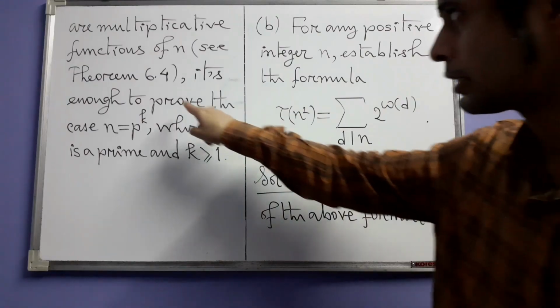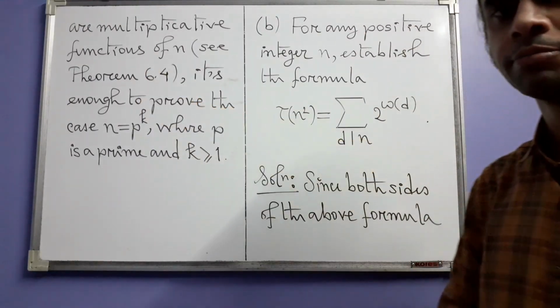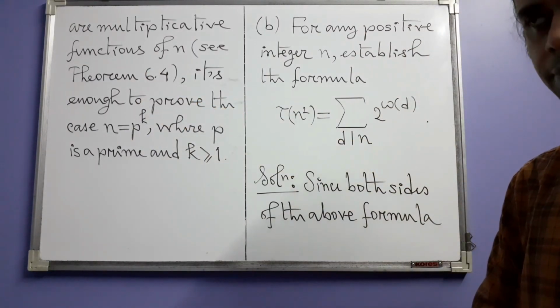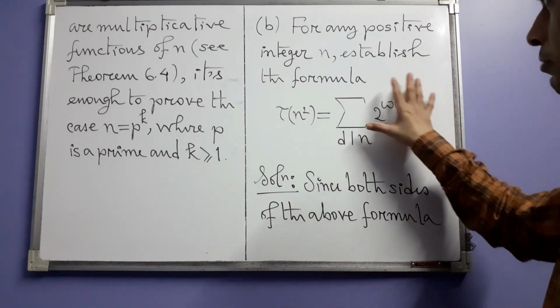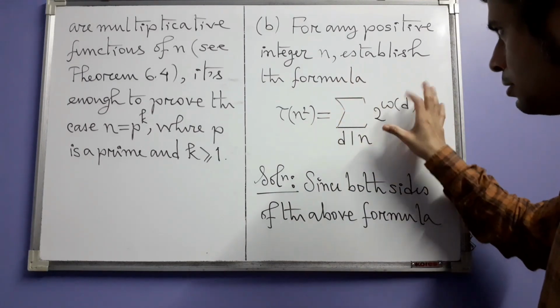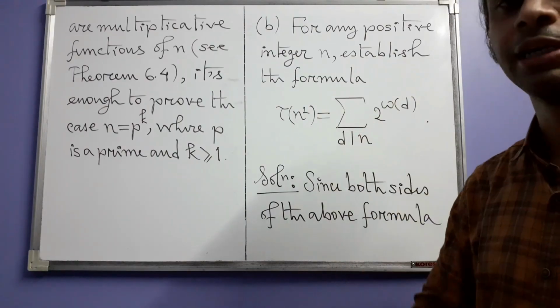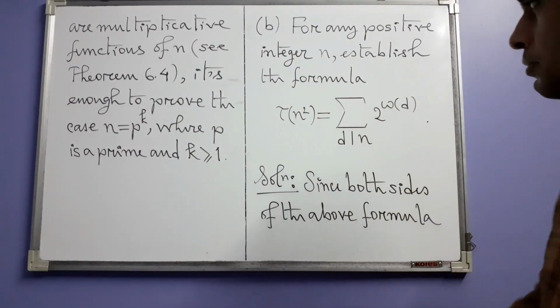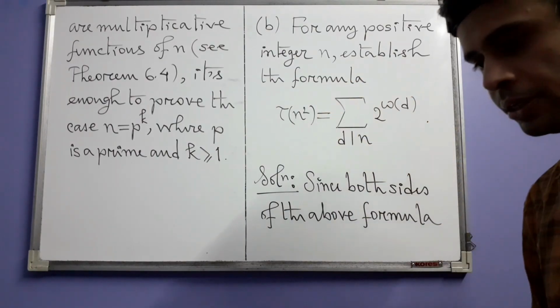And now you go back and see the statement of theorem 6.4. Theorem 6.4 tells us that if we have such a sum, then as a function of n, this sum is also multiplicative. That's how this side is also multiplicative.